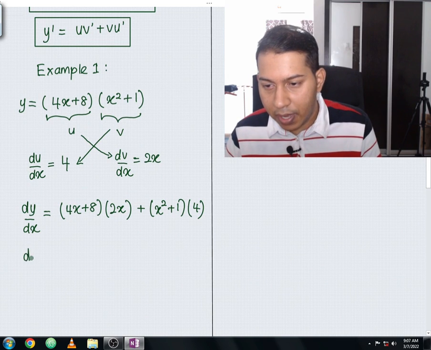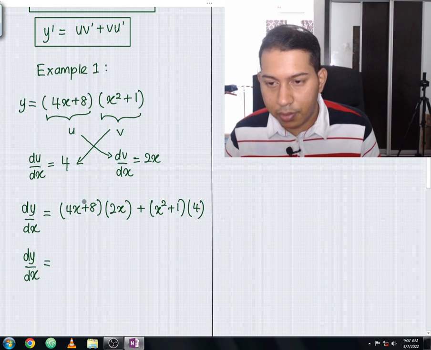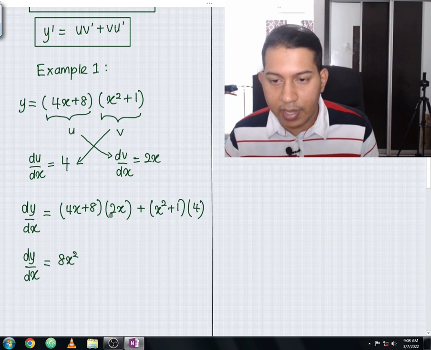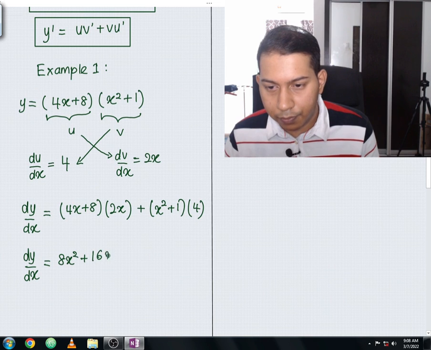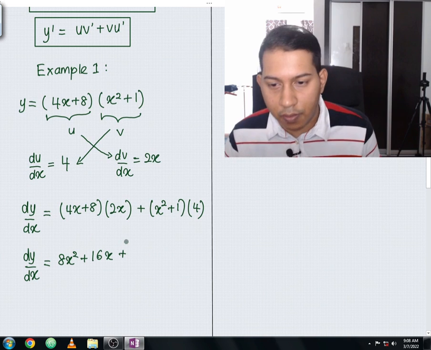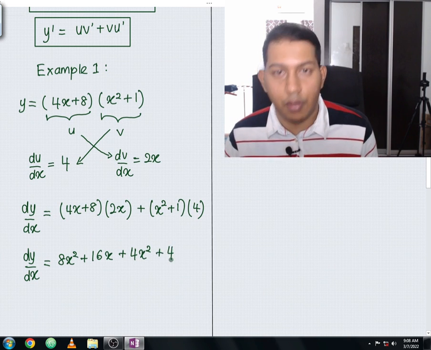From here, dy over dx will be equals to 4x times with 2x, so you get 8x squared. 8 times with 2x you get 16x. Plus with this 4 you times in, so you get 4x squared plus 4.